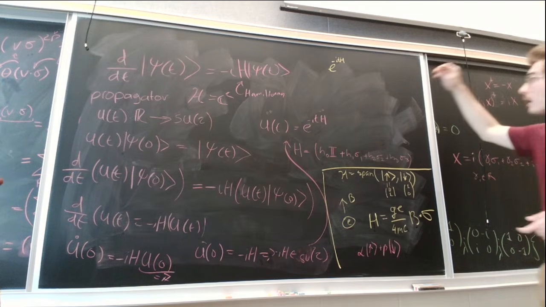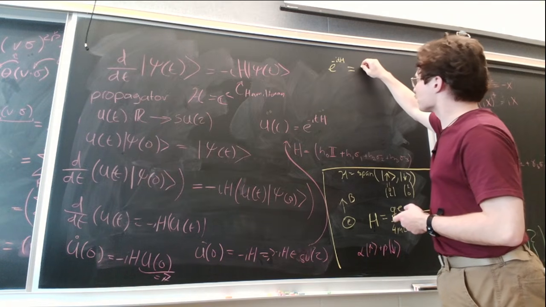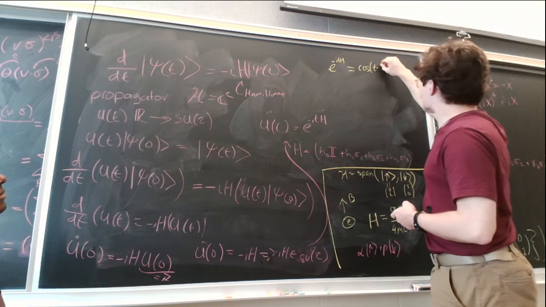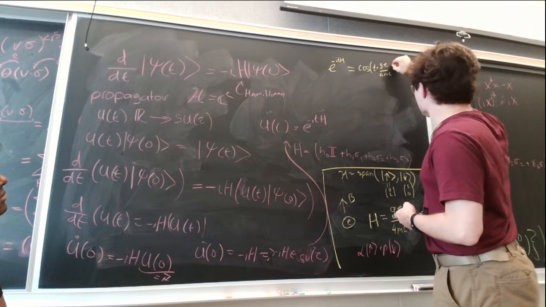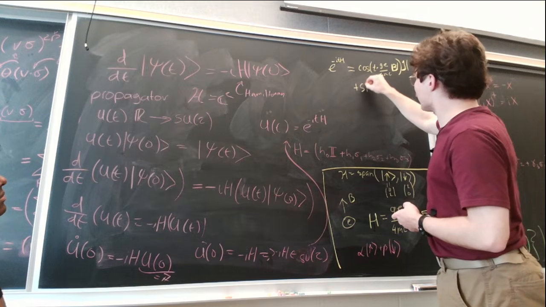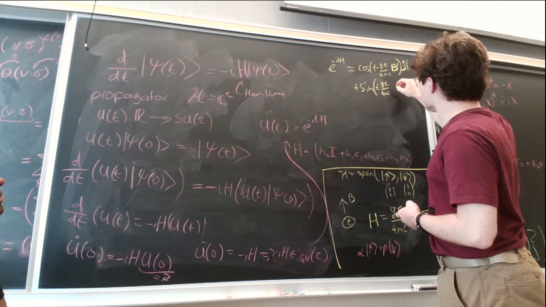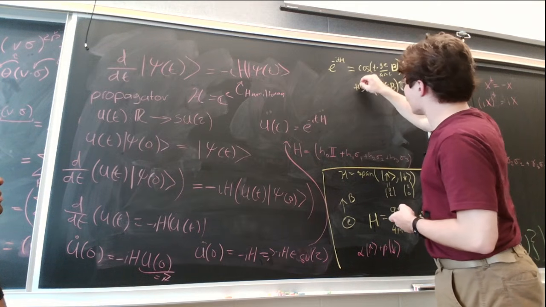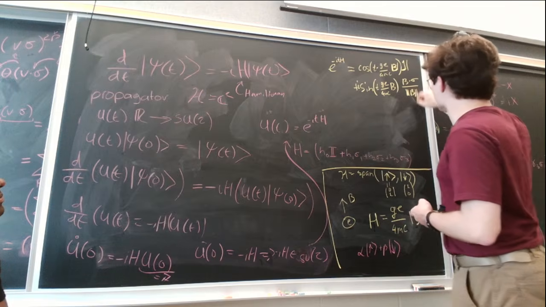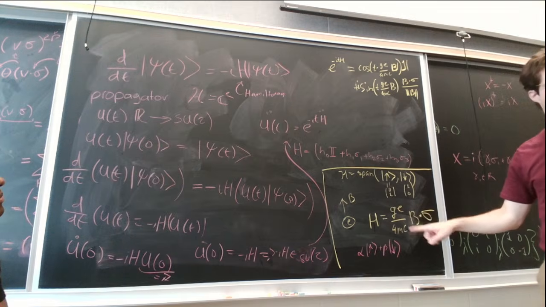If I do e to the minus iHt, for this particular Hamiltonian, using our formula from before, it's going to be cosine of t times g_e over 4mc times |B|, where this is the magnitude of B, times the identity, plus i sine of t g_e over 4mc |B| times B dot sigma divided by the norm of B. This was just the formula from before, and I plugged in the correct coefficients.